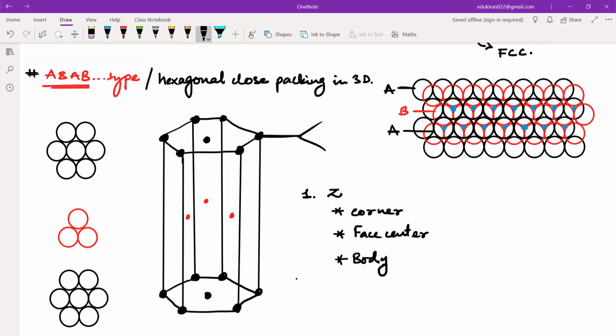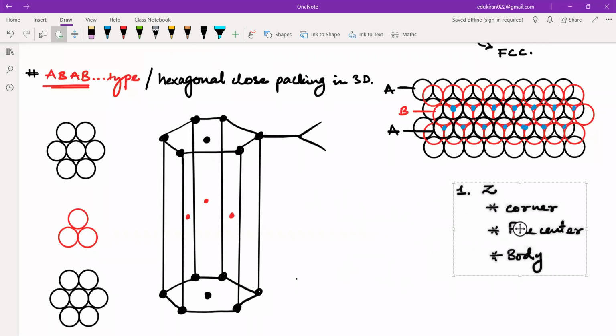So you can see that this one corner is shared between, all of you can see, right? A room will be formed like this. Yes or no? All of you can see here.